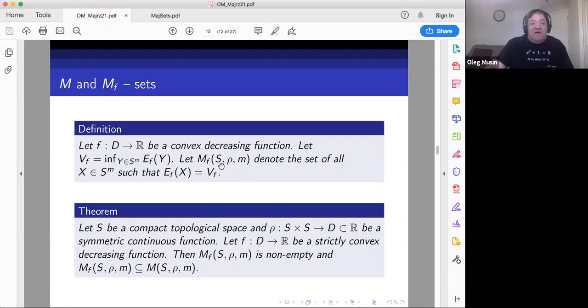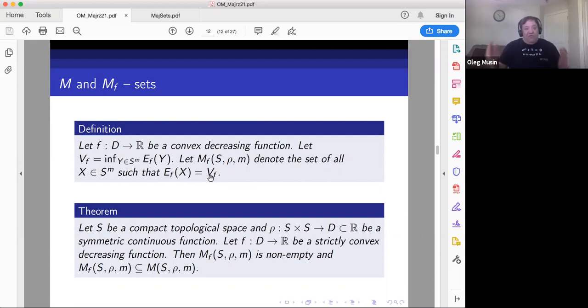And we say that x is the M_f set if the discrete energy of x achieves its minimum, I mean, this energy minimum.